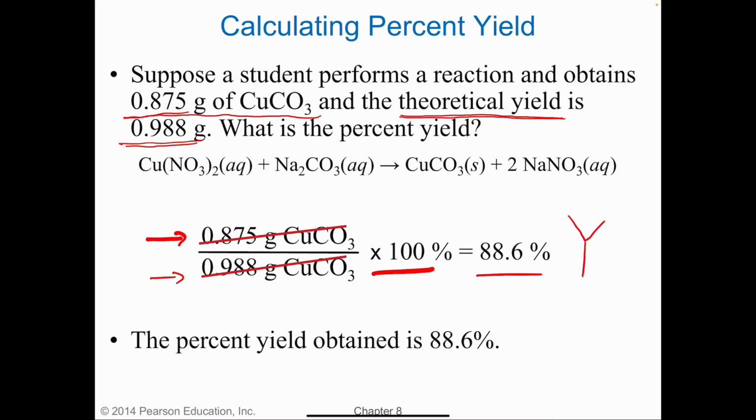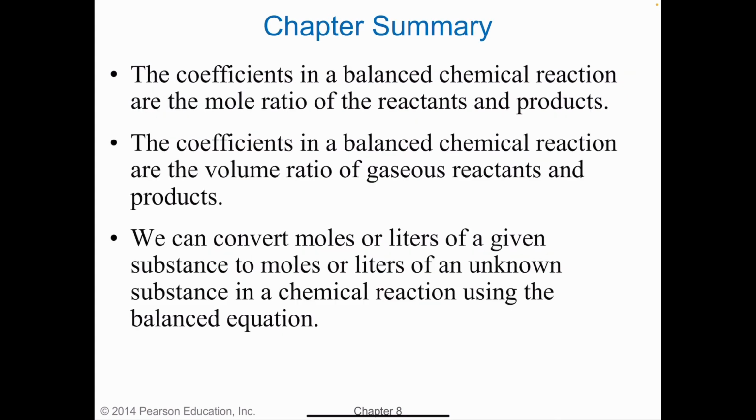So we might have an experiment where we've got this terrible little filter funnel I'm trying to draw, and we collect our product inside this filter paper, and we're pouring water in there to help filter it, and then we have to dry off the water. What if you didn't dry off the water before you weigh it? That's a common reason why you might end up with a yield that's greater than 100%. But ideally, they should be less than 100%, but as close to 100% as we can get.